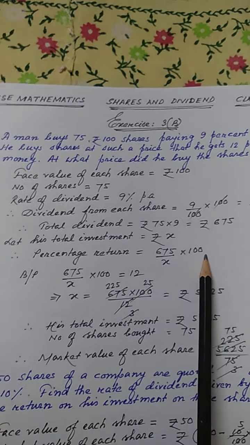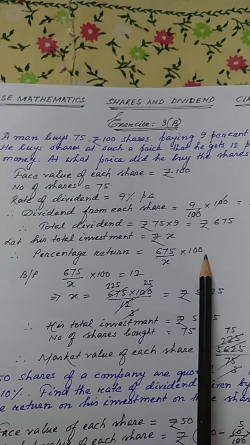So 50 minus 5, it is rupees 45. Therefore, return on his investment will be 20 by 100 into 45. So it will be rupees 9. So dividend of each share equal to rupees 9.